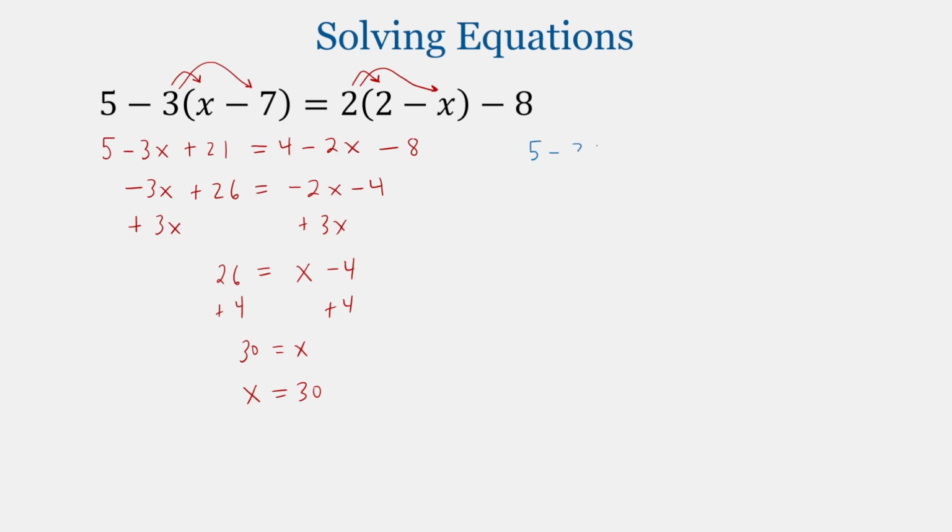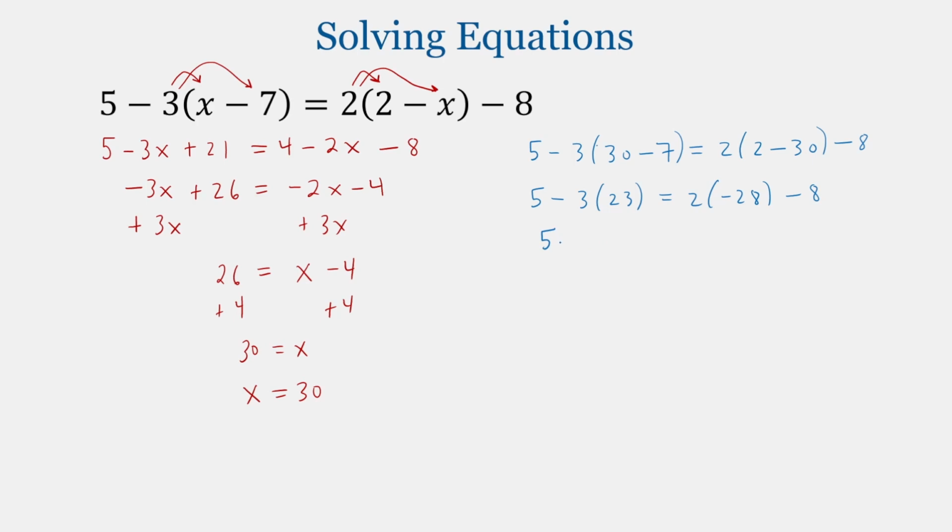Always go back to the original equation when you check your answer. Just in case a mistake was made on the first step, we want to go back to the original problem. So wherever there is an x, we will replace it or substitute it with 30. And then using PEMDAS, we will simplify this down. So we have 3 times 23 is equal to 2 times -28 minus 8.